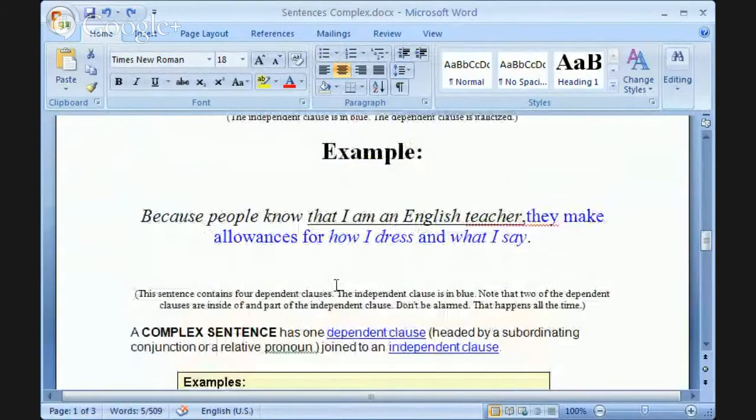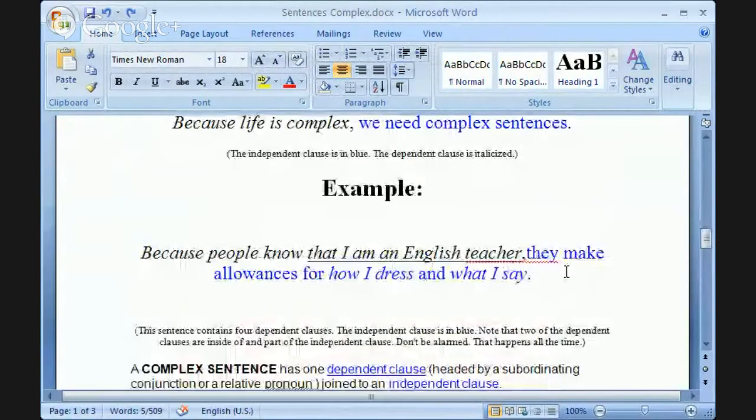Look at this. This is a super complicated sentence. But if we dissect it, it's not that complicated to understand, but it is super complicated in regards to sentence structure. Why? Because this sentence, because people know that I'm an English teacher, they make allowances for how I dress and what I say. Notice when I read it and I speak it, I have many pauses and separations.